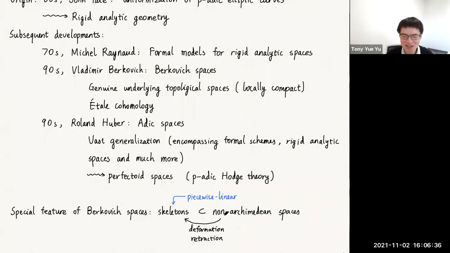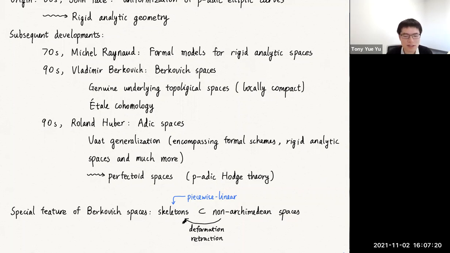Non-Archimedean spaces are in general very complicated topological spaces, and it's very difficult to imagine them, except in dimension 1, where one can draw things like graphs and trees. In higher dimensions, it's difficult. Now we have these piecewise linear subsets called skeletons, and they are somehow approximations to the genuine topological space. Furthermore, Berkovich constructed a deformation retraction from the non-Archimedean space to the piecewise linear skeleton.